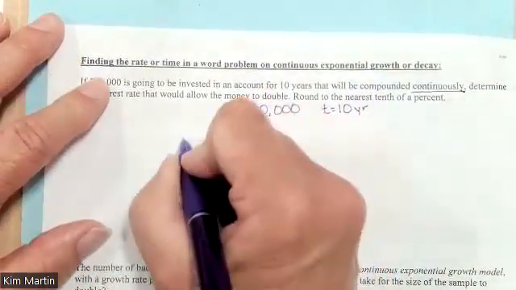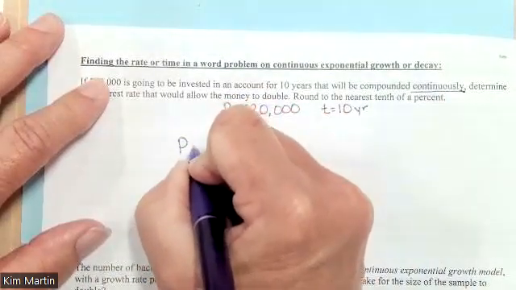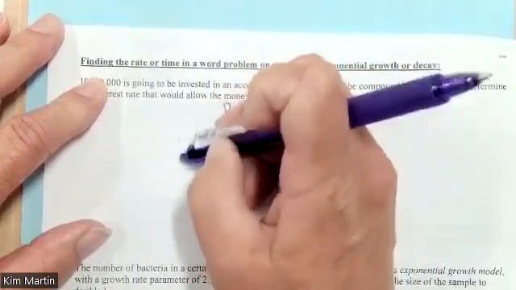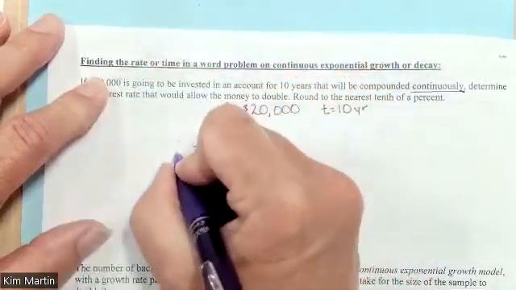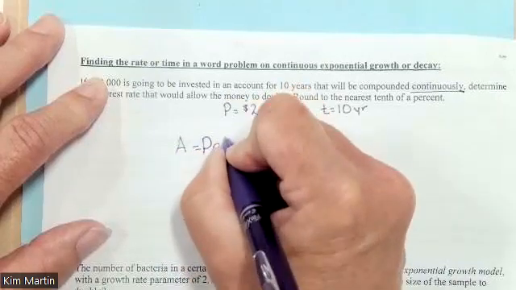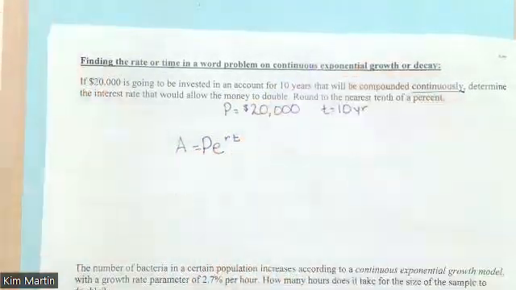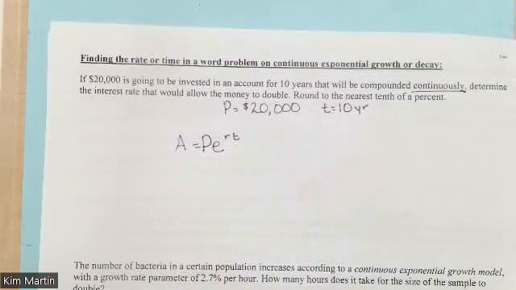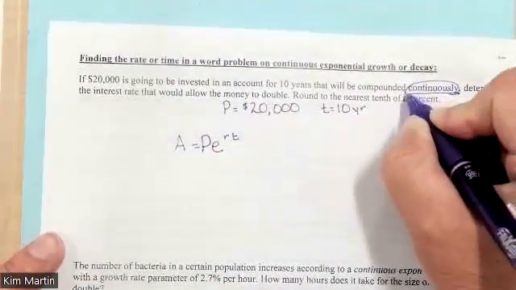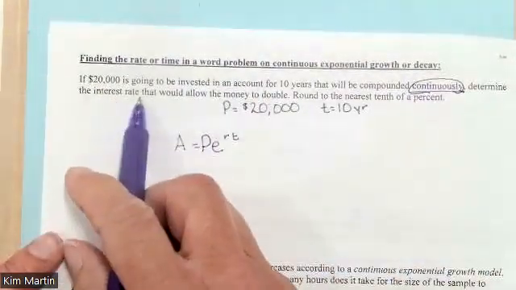So that tells you that you're going to use A equals P times E to the RT. That's the formula you use when you see this word. Determine the interest rate.